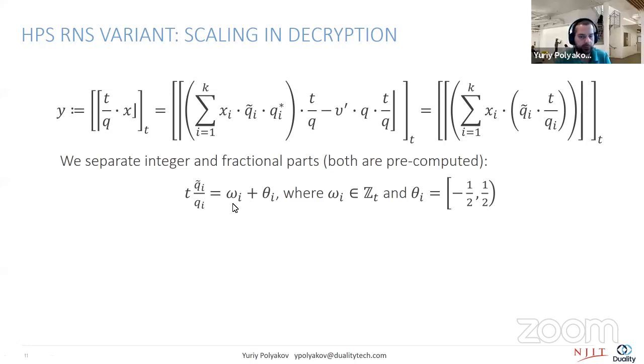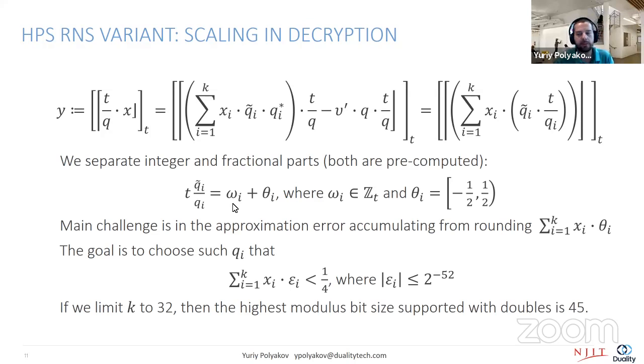You can think of it as extracting that way, and then the rest, related to the remainder, is represented as a floating point number. So theta i is in this case a floating point number that we use. Effectively, that's how we perform the computation written here.